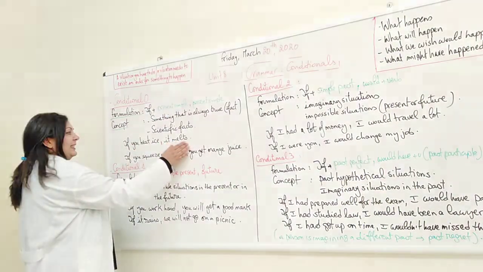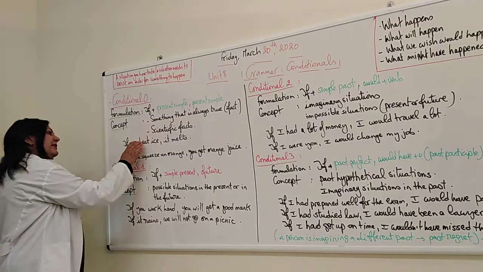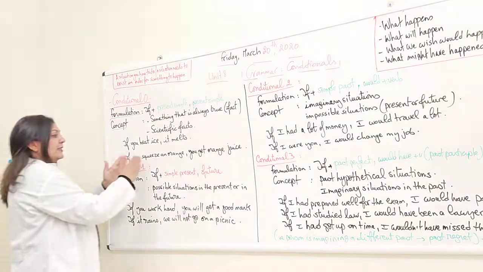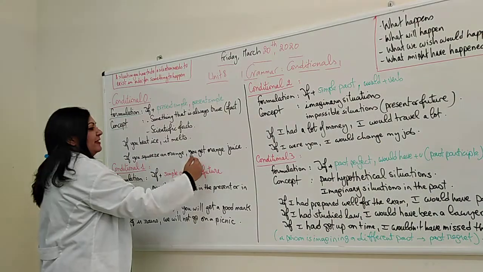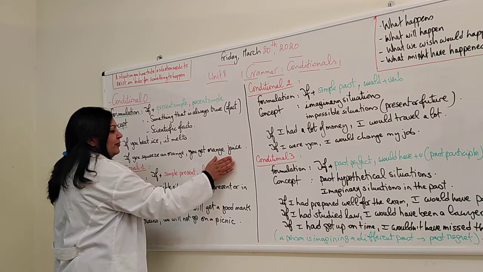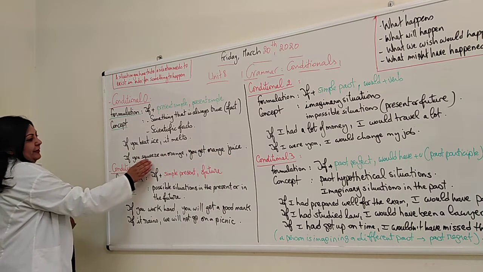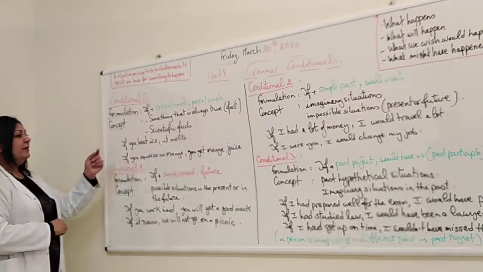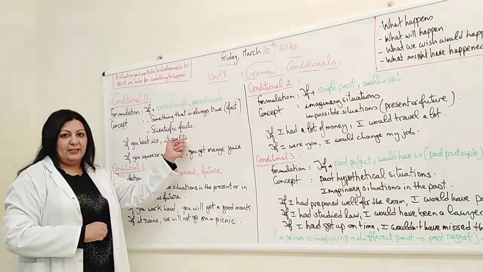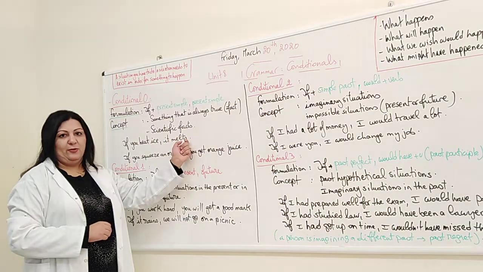So the melting is the result of the first condition. Number 2. If you squeeze an orange, you get orange juice. So getting the orange juice is the result of the first clause. We call this clause the if clause, and this one the consequence or the result clause.